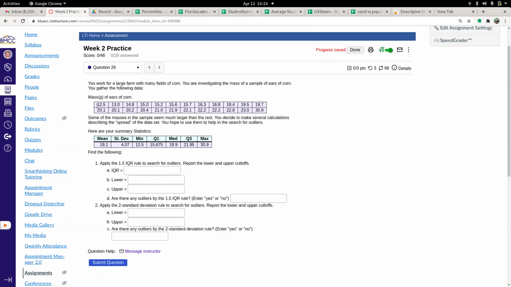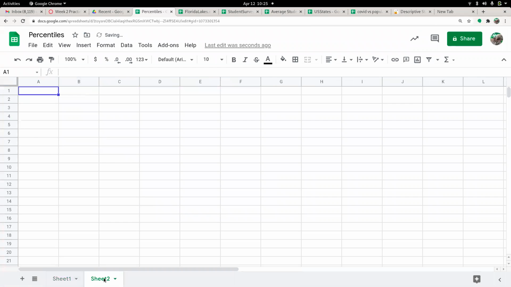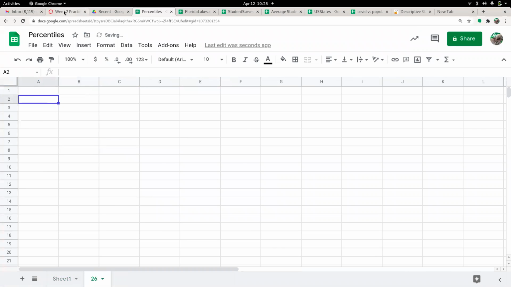So if we plug these numbers into a spreadsheet just to see, like quartile 1, for example, let's just throw the data in here. Ooh, wrong data, I must not have copied it.